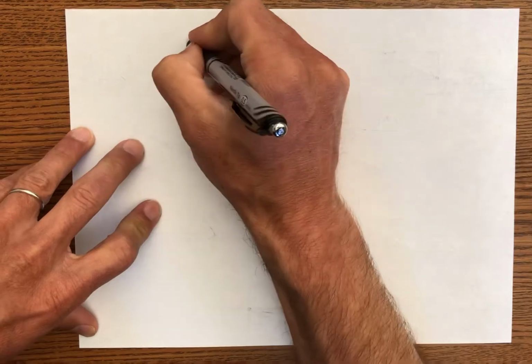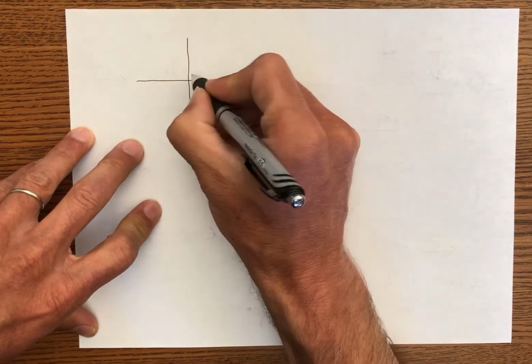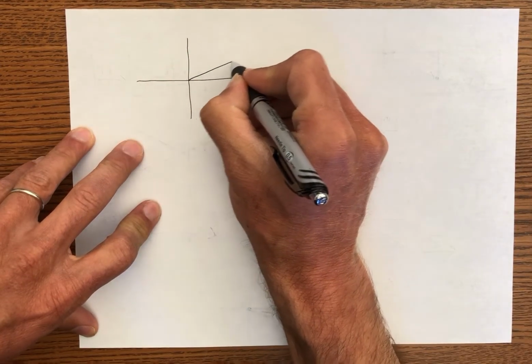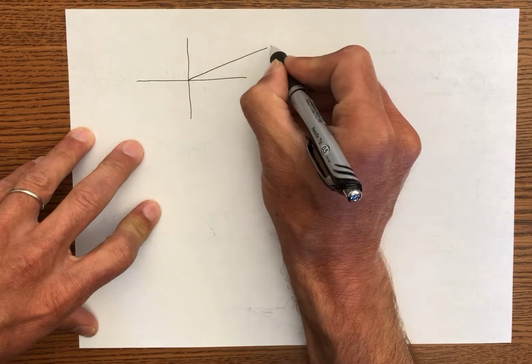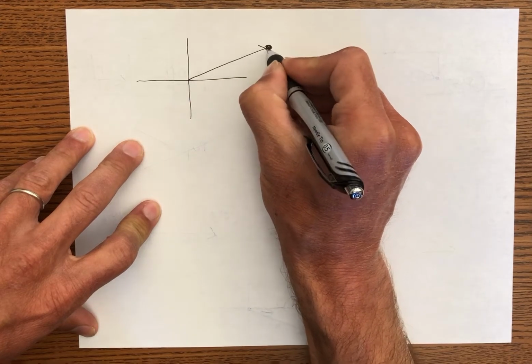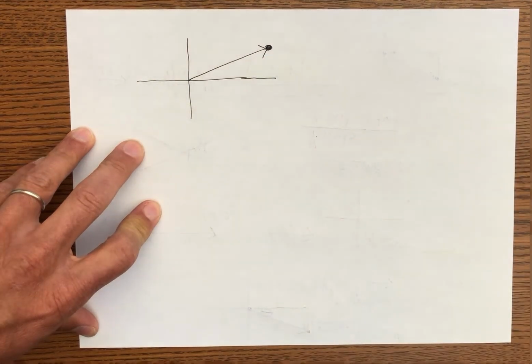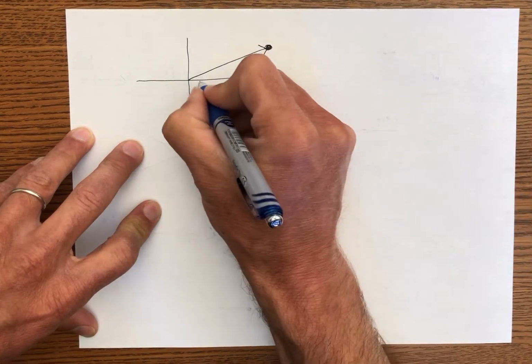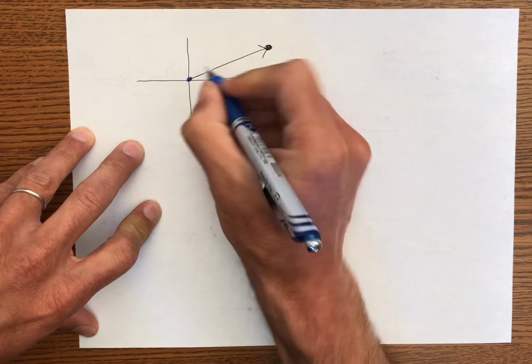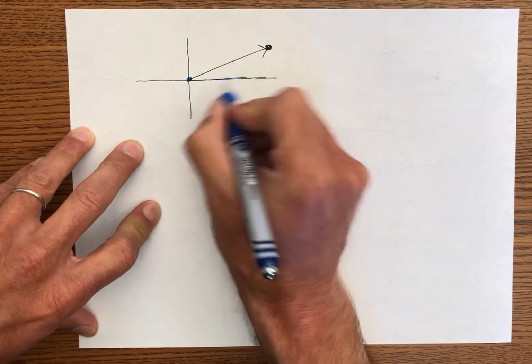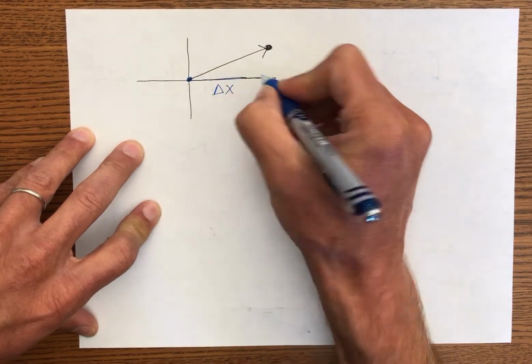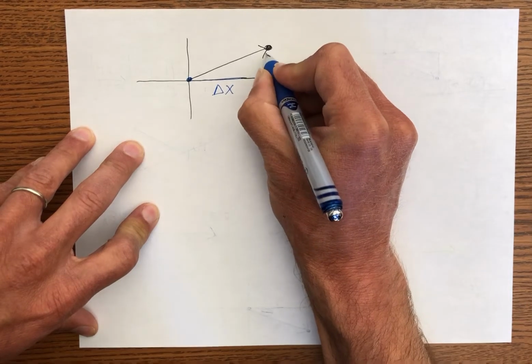And whenever you have a vector, you travel a certain amount of distance on the x and a certain amount of distance on the y. So let's say wherever you start, you change your x and you change your y.